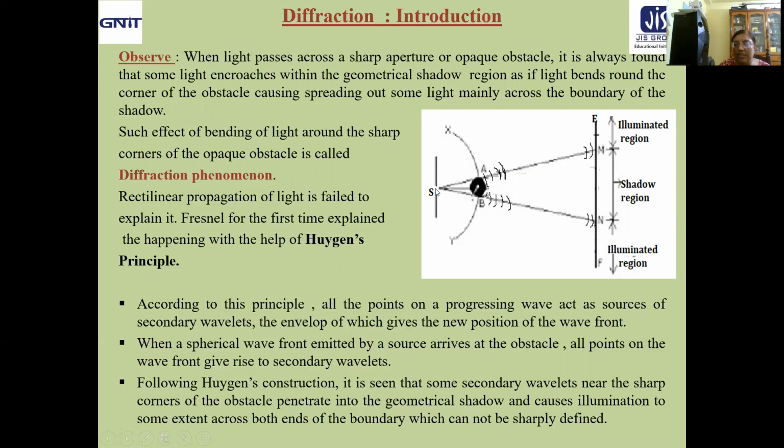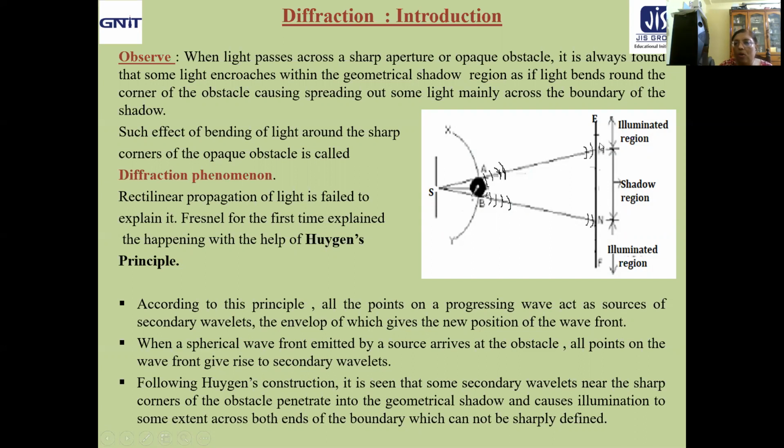Now, from this point source, light will fall on the opaque obstacle. If light travels in a straight line, that means if there is rectilinear propagation of light, you will expect a sharp shadow in the region between M and N, because light will travel in a straight line and this is the boundary of the opaque obstacle. So you will expect to have the shadow in the region M to N.